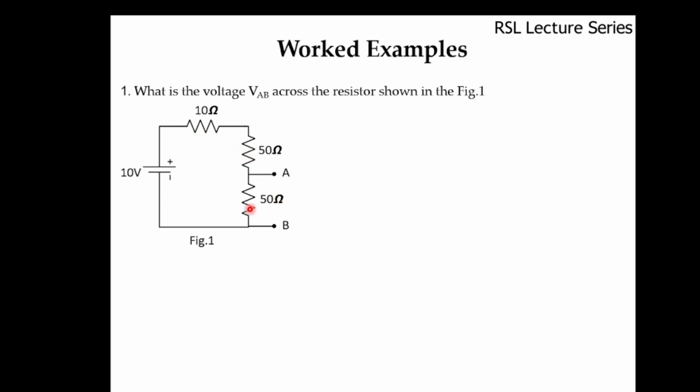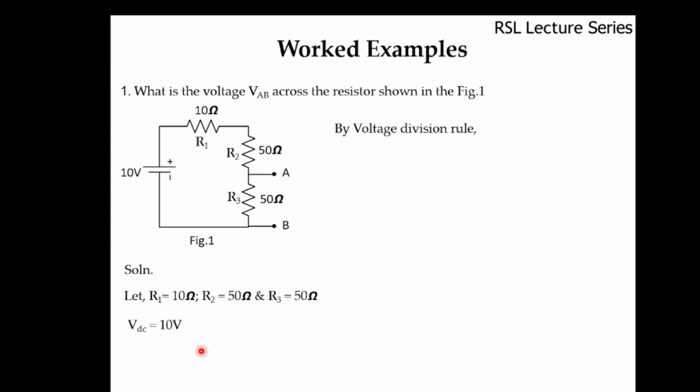This 10 ohm, 50 ohm and again 50 ohm, these three resistors are connected in series, and this is the supply voltage, 10 volts. Let R1 equal 10 ohms, R2 equal 50 ohms and R3 equal 50 ohms again. Next we write the supply voltage VDC equal to 10 volts.